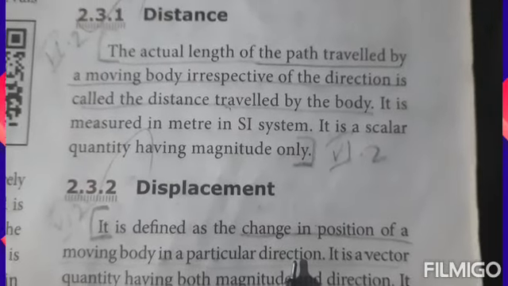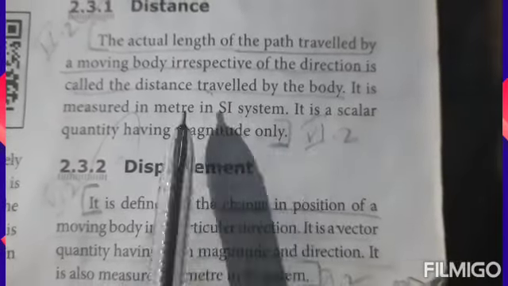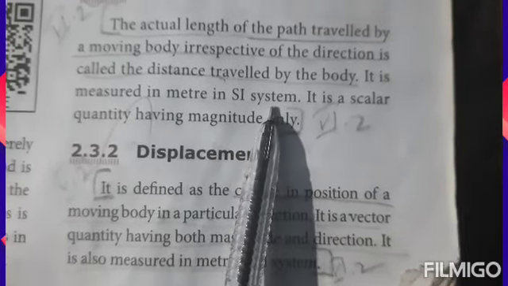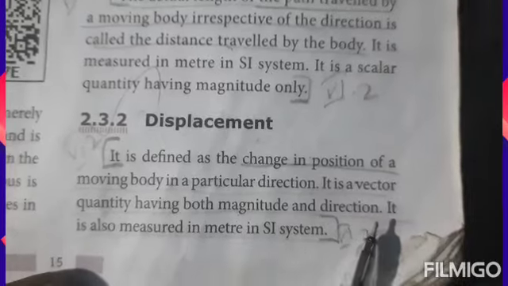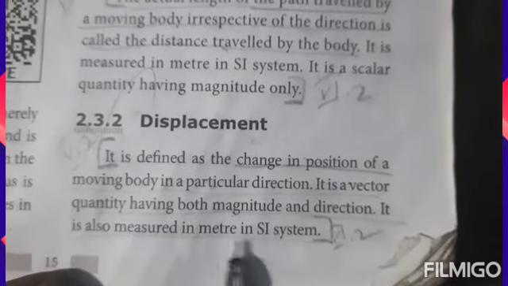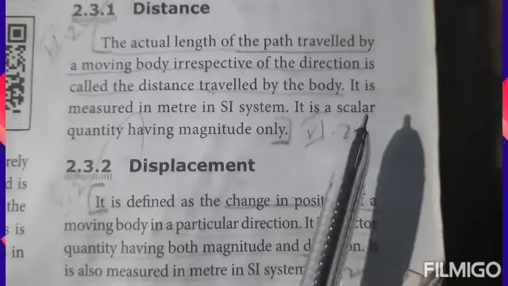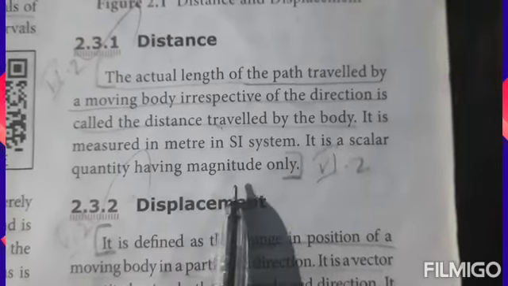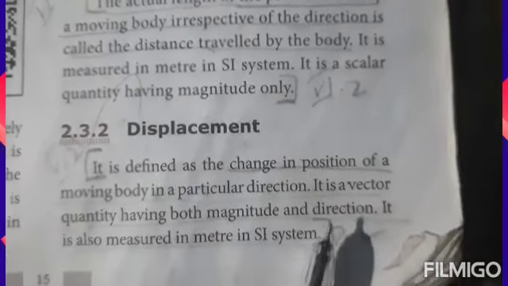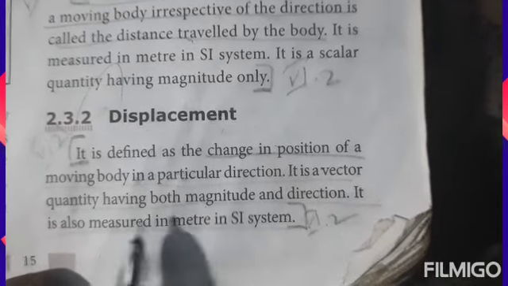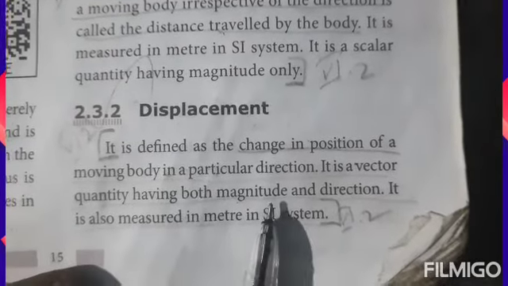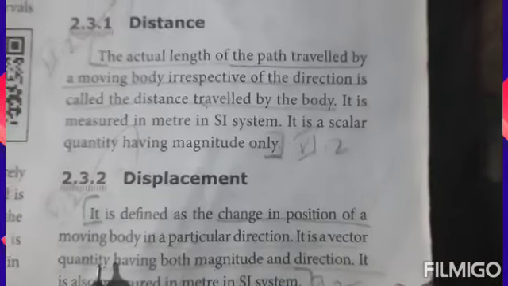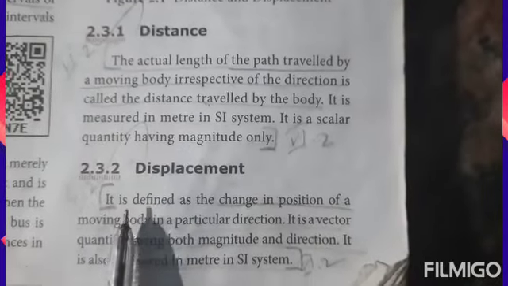Second point: distance is measured in meter in SI system, and displacement is also measured in meter in SI system. Third point: distance is a scalar quantity having magnitude only, while displacement is a vector quantity having both magnitude and direction. Total 3 points are there to distinguish. Draw a tabular column and write the 3 points.